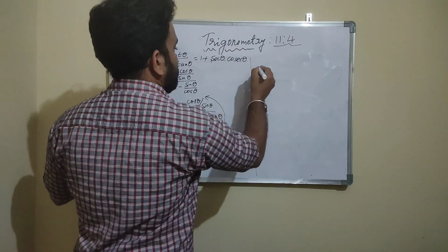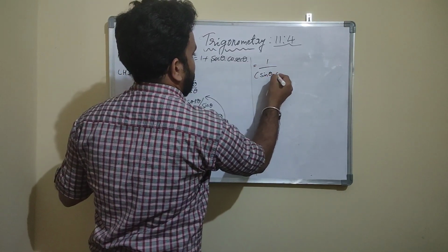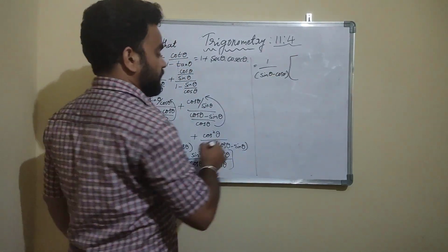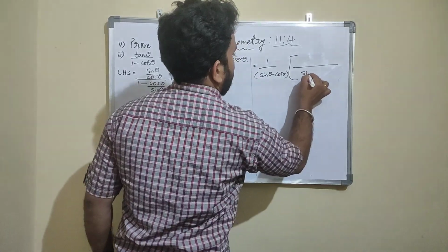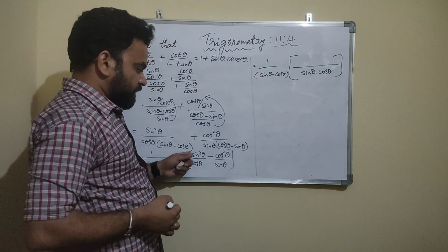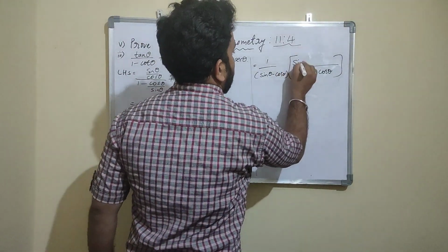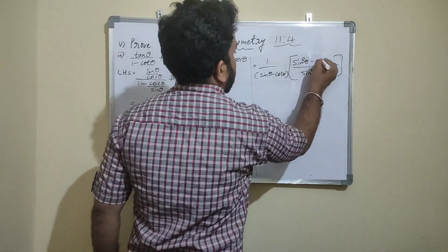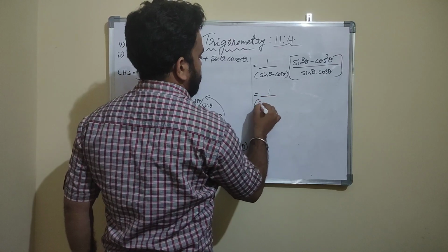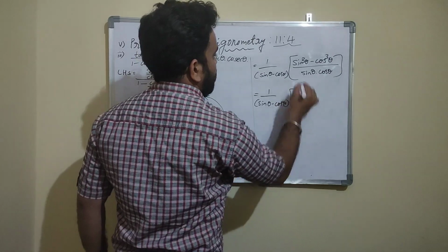Now this side as it is, which is equal to 1 divided by sin theta minus cos theta as it is. Inside the bracket, what is there? Sin and cos, we can take LCM sin theta into cos theta. Here we need to multiply sin, here we need to multiply cos. It will become sin cube theta minus cos cube theta, which is equal to 1 by sin theta minus cos theta into a cube minus b cube.